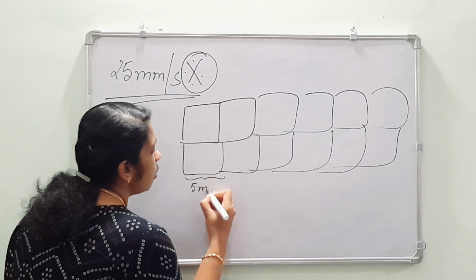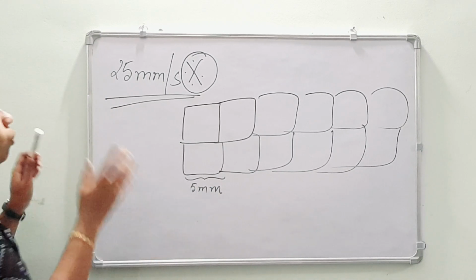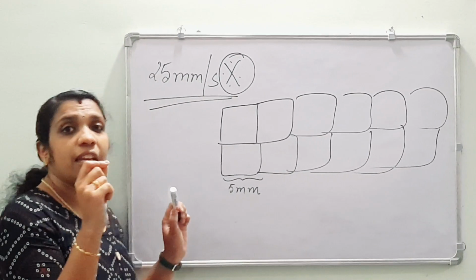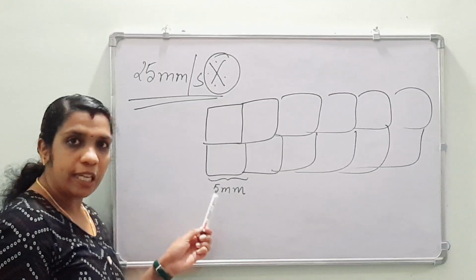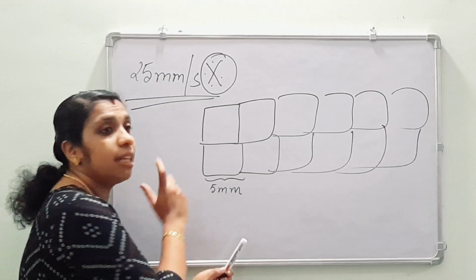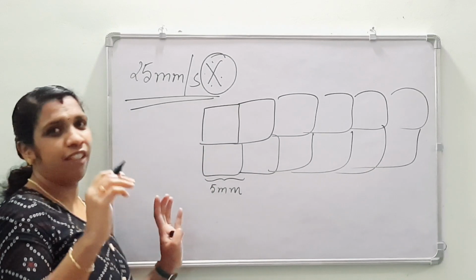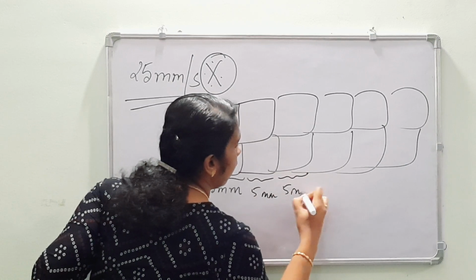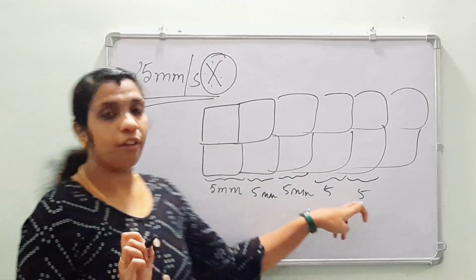In 1 second, the ECG paper runs at a speed of 25 millimeter per second, so how many large squares does it cover in 1 second? 5 large squares. 1, 2, 3, 4 and 5. 5 into 5 is 25.